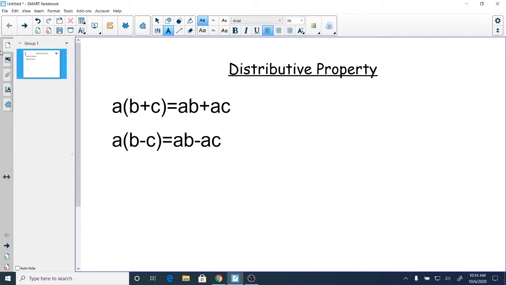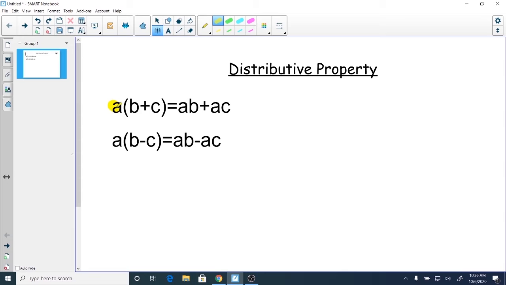Alright, let's look at the general form of what the distributive property is. I'm just going to use letters at first, and then I'm going to throw some numbers in there, so hopefully putting the numbers in will make this a little clearer. So the general format of a distributive property is you have some term multiplied by two other terms, or it could be more than that, inside parentheses.